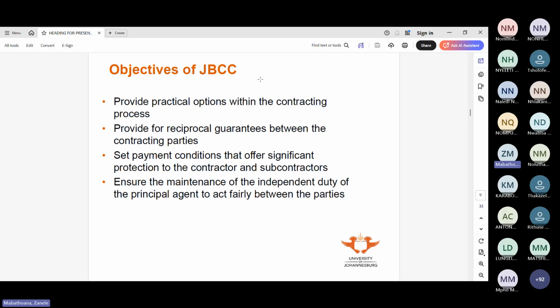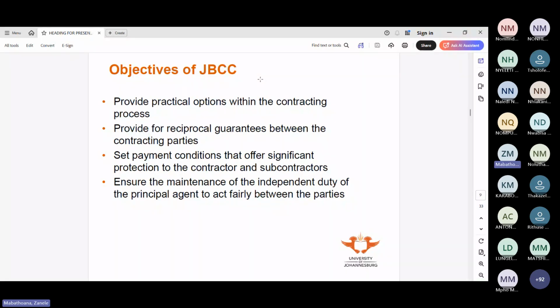So if you are a public entity, let's say the Department of Health, and you've entrusted Public Works to build you a hospital, they appoint a contractor. The biggest worry is this hospital should be finished. You know, the contractor should be able to conclude the job. In the event that he can't, you need some guarantee, you know, some way of ensuring that he performs. So a performance guarantee.